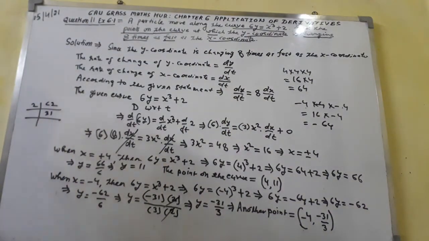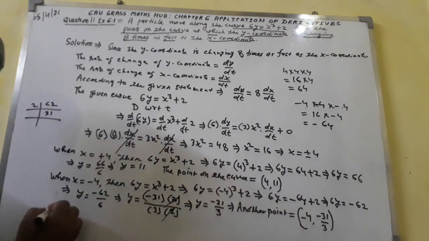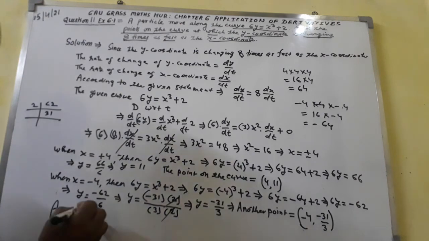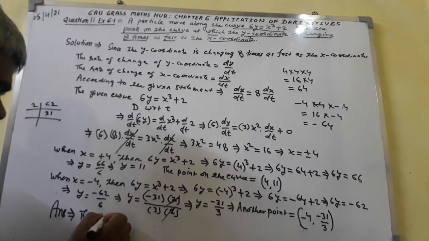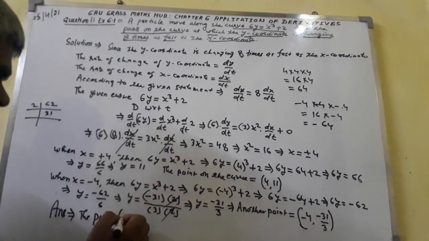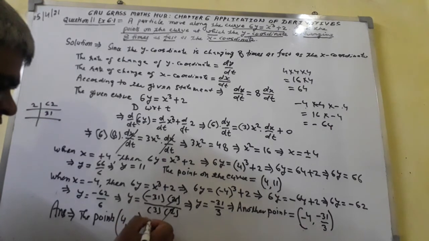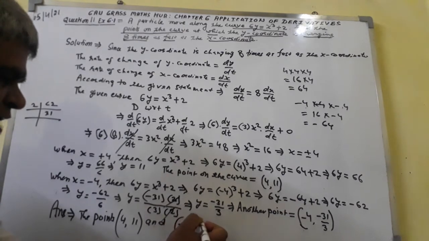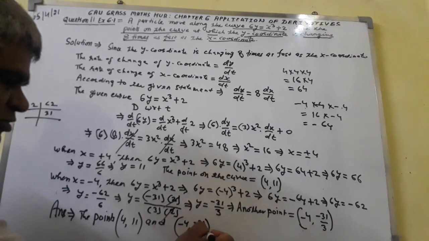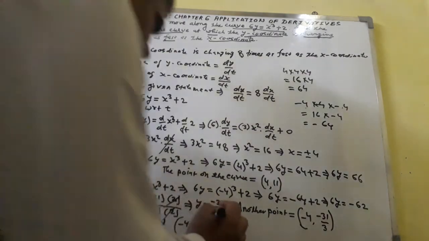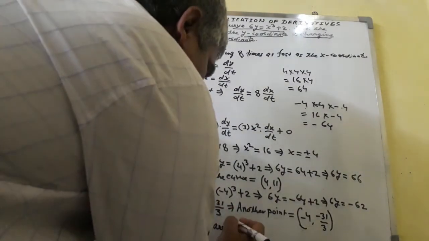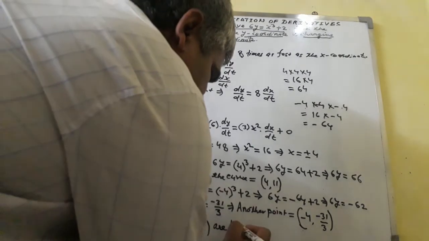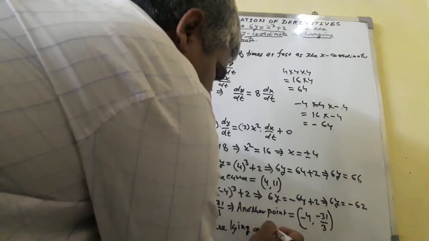So now I shall write here answer. I shall write answer implied that the points 4 comma 11 and minus 4 comma minus 31 over 3 are lying on the curve.